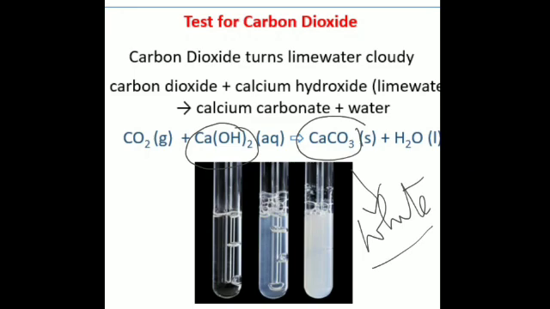Why is this so? This is because of the formation of calcium bicarbonate that dissolves in the solution. Is that clear? Calcium carbonate does not dissolve, it forms a white precipitate, and this results in the milky color of the solution. When you keep on passing the carbon dioxide gas through this, it will change into calcium bicarbonate.